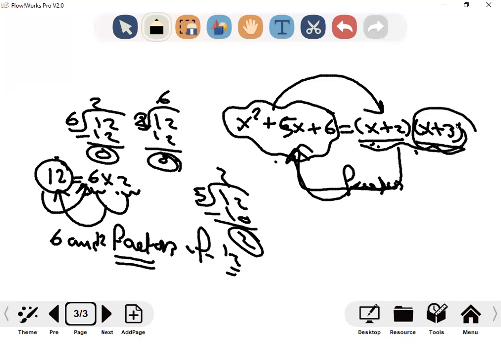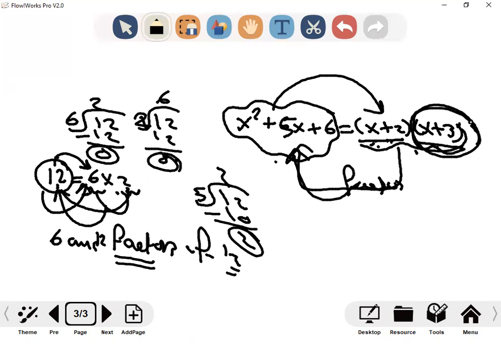Look here: 12 divided by 6 is 2, 12 divided by 2 is 6, right? So if you divide the original expression by one of the factors, the answer will be the other factor. For example, x power 2 plus 5x plus 6, if you divide it by x plus 2, the remainder is 0, and the answer is x plus 3. You understand?